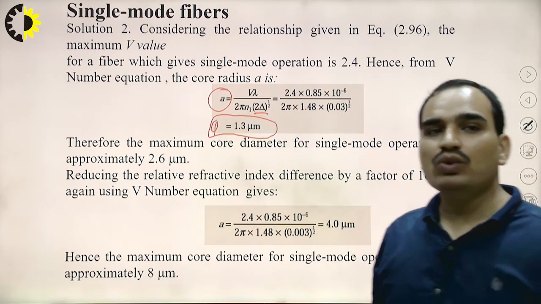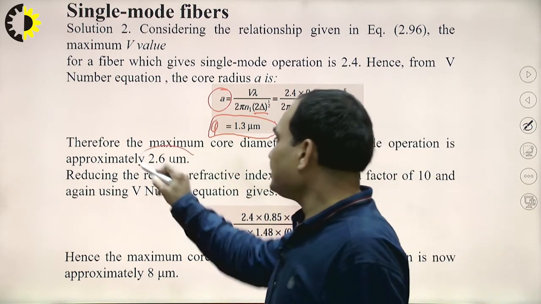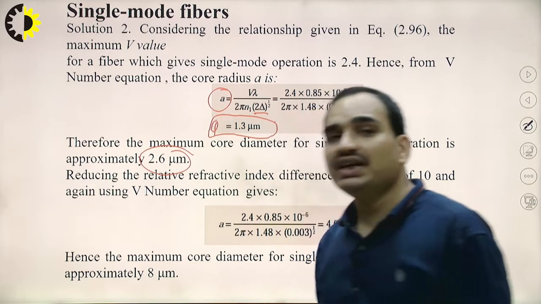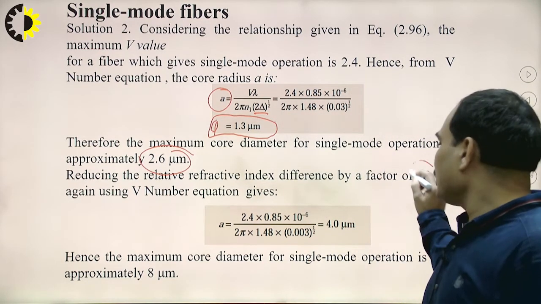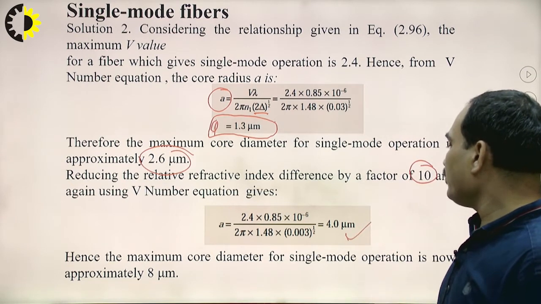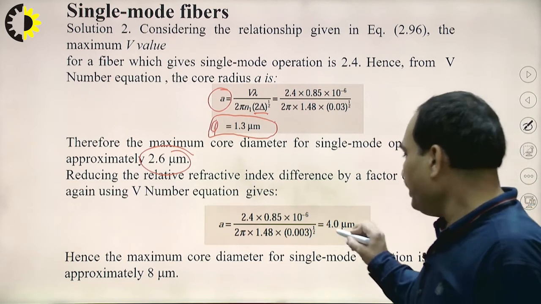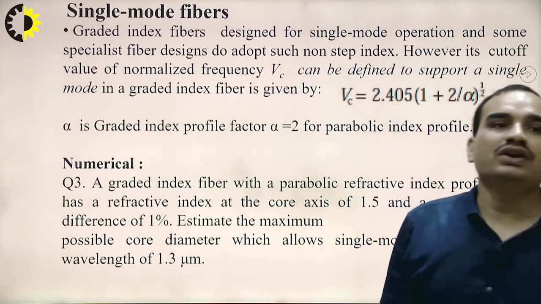So the maximum core diameter for this case is given by 2.6. Now reducing the relative refractive index difference by a factor of 10, what will we get? We will get a core radius of 4 micrometers. So the core diameter will be double the radius, so we will get 8 micrometers of diameter.